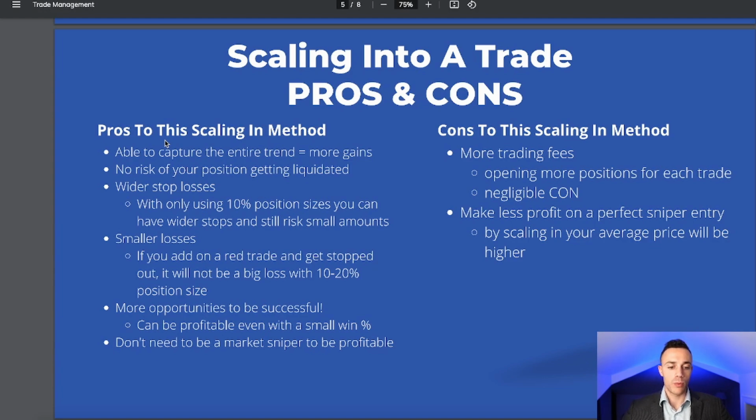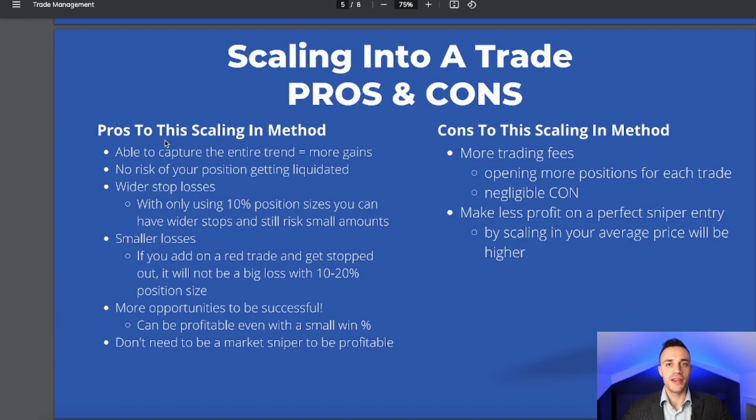That's the next point: more opportunities to be successful. You can be profitable even with a small win percentage. You can lose 5 out of 10 times on your trades, but your winners are always going to cover your losers because you were managing your risk and position size with this method. And then the next one: you don't need to be a market sniper to be profitable. You don't need to catch the exact bottom of a move to the tick and then watch it go up from there.